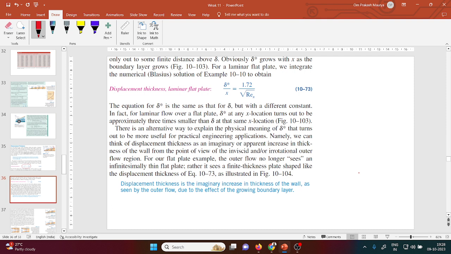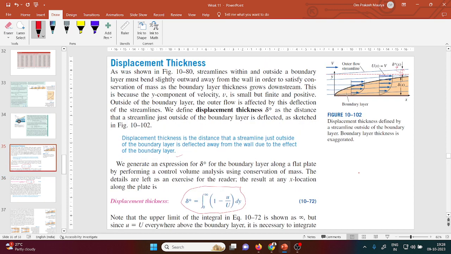And the displacement thickness for the laminar flat plate, this is the equation. Sometimes it is directly useful, but your flow should be laminar, not turbulent. Can you show the previous slide a little bit? Yes.